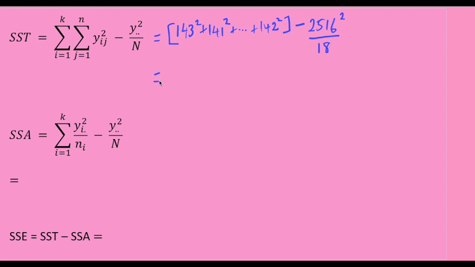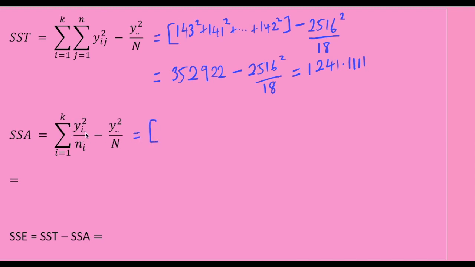This gives us 352,922 minus 2516 square over 18, which is 1241.1111.